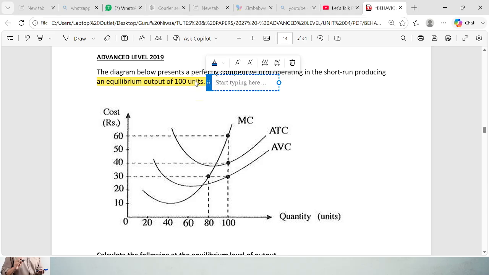So remember, equilibrium output of 100 units means, in brackets write down, this is the profit maximizing output level. Then what is the condition for profit maximizing?